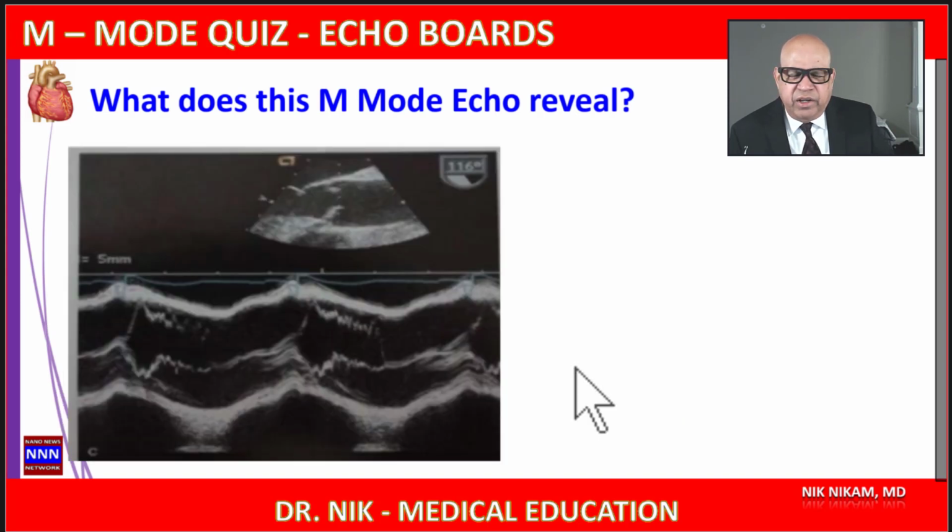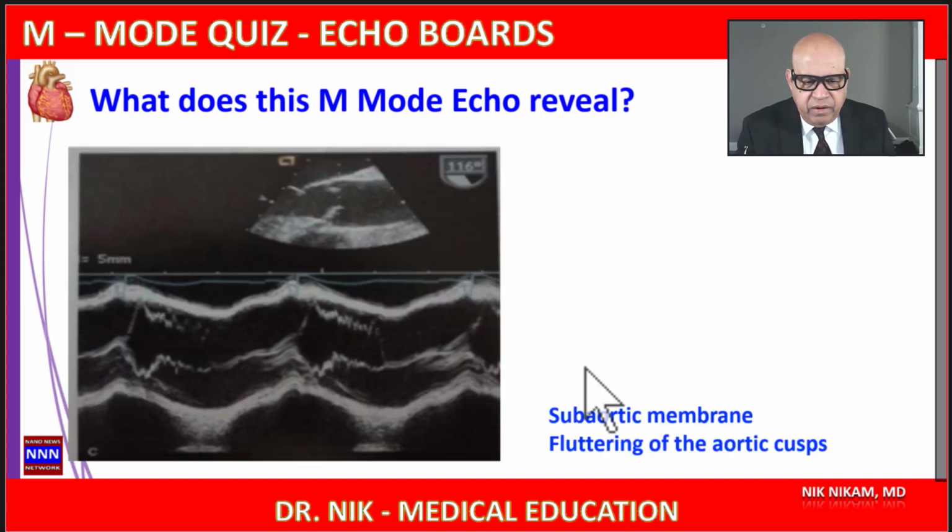Okay, what do you see here and what is your diagnosis? Let's pay attention to some of the things that are visible here. Here's the aortic valve, and below that there appears to be what could be a membrane. So we are dealing with a subaortic membrane, which can cause fluttering of the aortic leaflets along with midsystolic closure and even premature closure of the aortic valve.